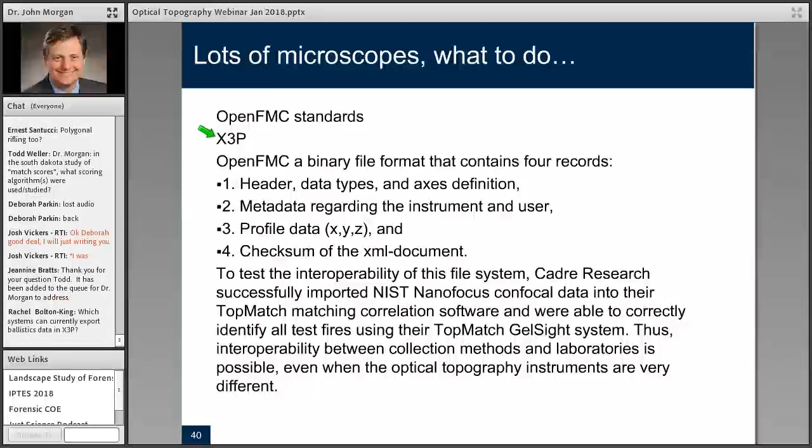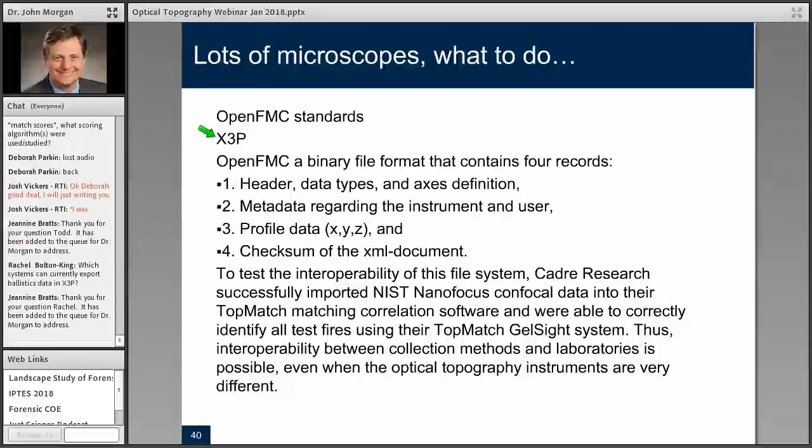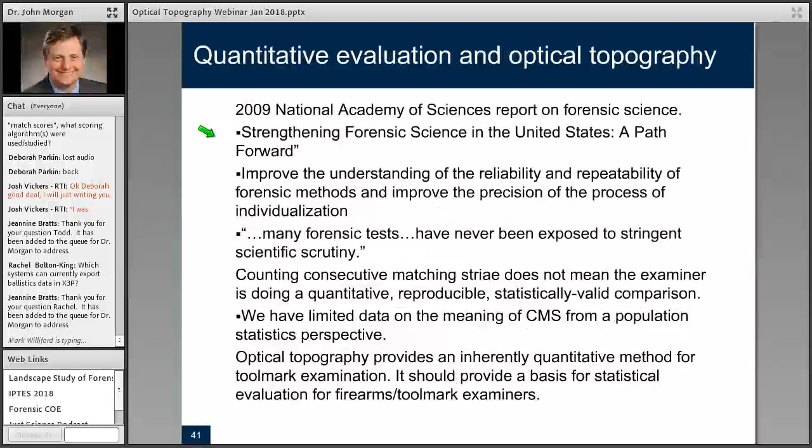So therefore, you would be able to use any of several different kinds of optical topography systems and store the data in X3P, and it would be interchangeable across jurisdictions. And that kind of ability to use a wider variety of technologies and commercial systems, I think, will make it much more cost effective for more agencies to participate in the NIBIN system and really squeeze a lot more value out of the reference databasing that's possible using optical topography.